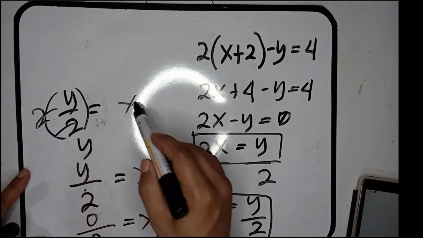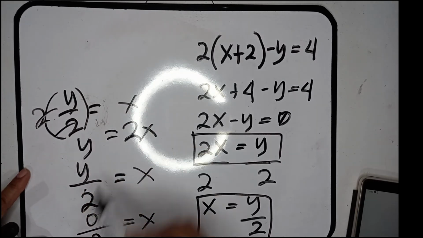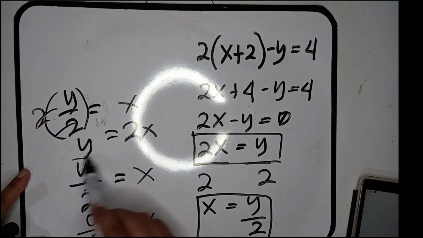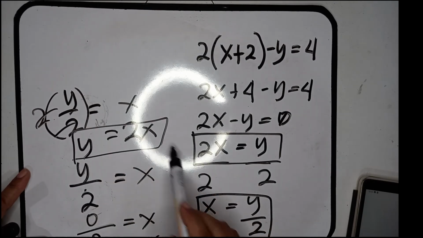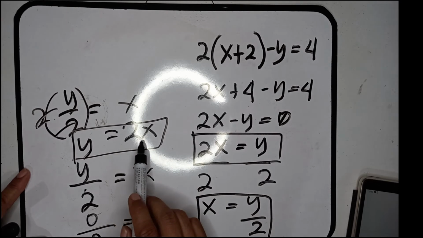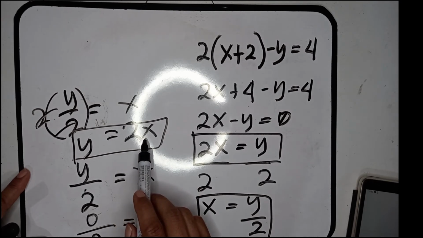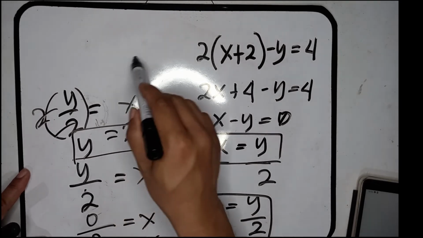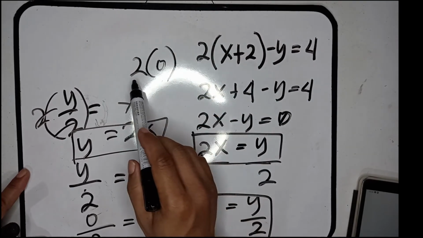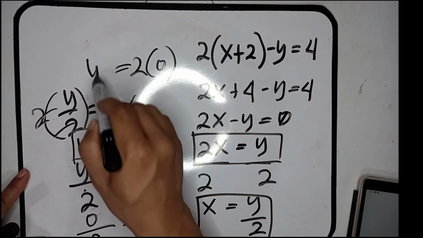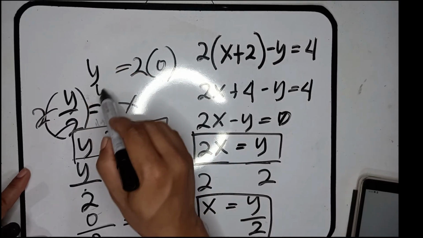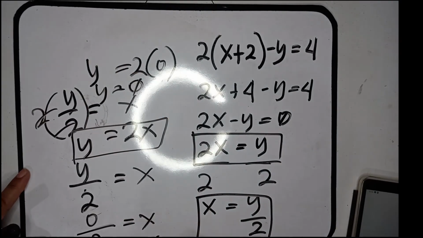So y is equal to 2x. If we replace x with 0, 2 times 0 is 0, so therefore y is also 0. So we cannot plot points having a value of 0 for x and 0 for y. So meaning the intercept method is not applicable for this case.